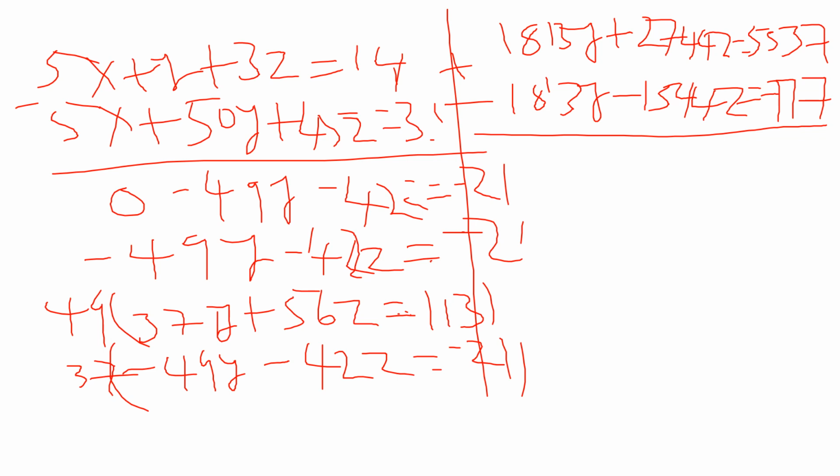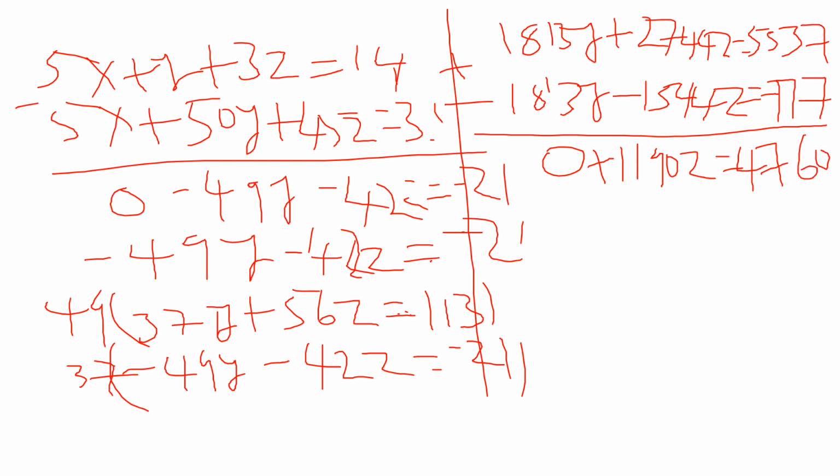If we subtract, we are not going to eliminate y, so we add them. 1813 plus negative 1813 gives you 0, and then you add positive 2744 to negative 1554, you get a positive 1190z here, and if you add 5537 plus negative 777, you get a positive 4760 here.